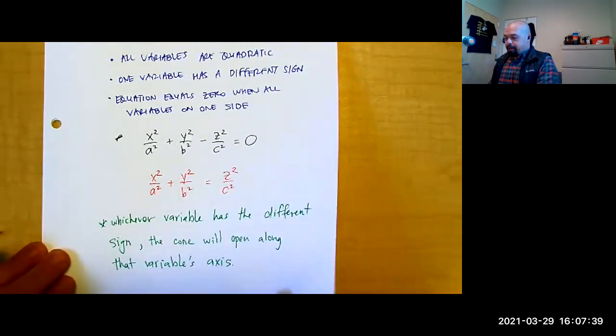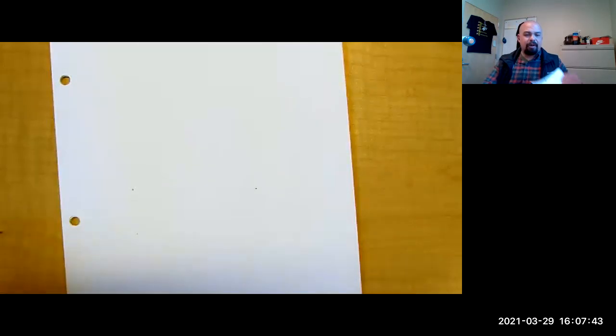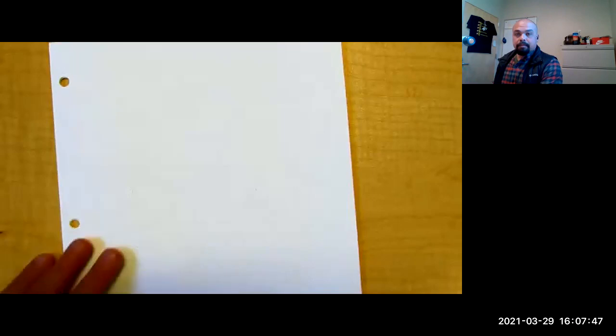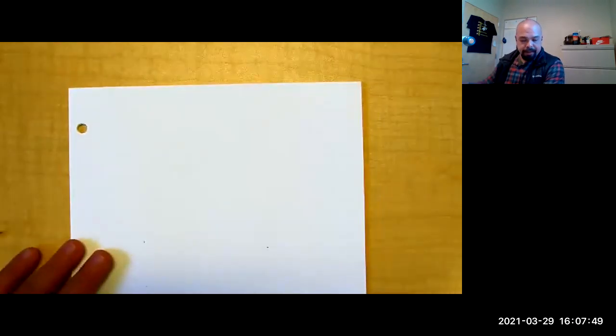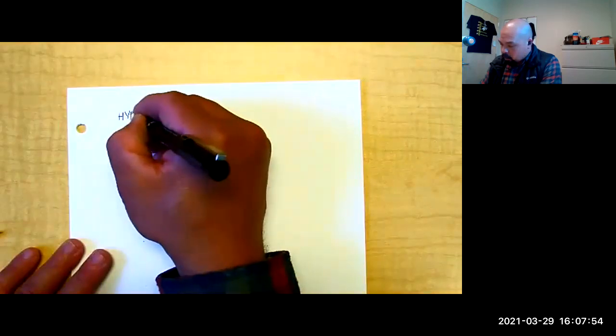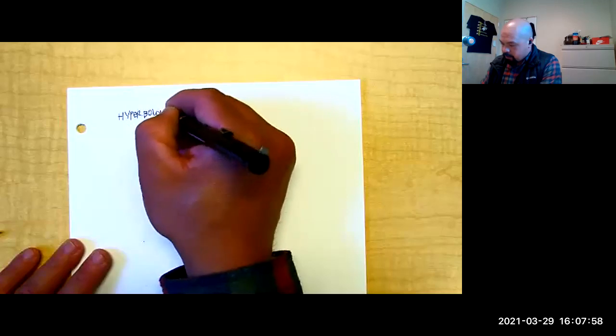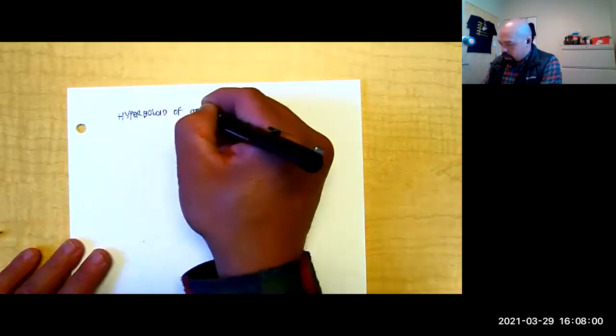All right, so that's our cone. Next up is going through and remarking how I'm identifying the particular surfaces. The next one is going to be our hyperboloid of one sheet.